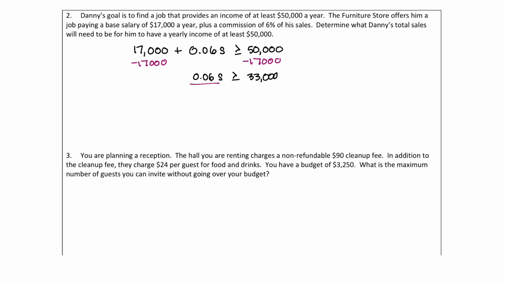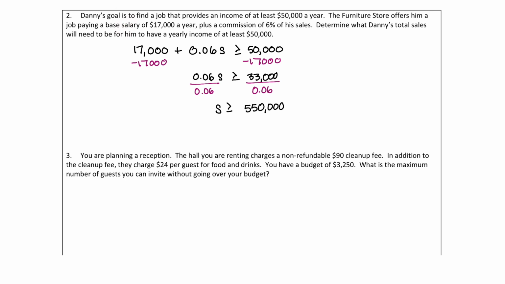Divide both sides by 0.06. And we end up with s is greater than or equal to a nice whole number. So we don't have to worry about rounding or anything. What does that represent? S, which I said was his salary.